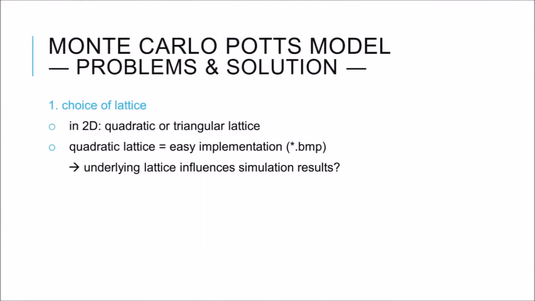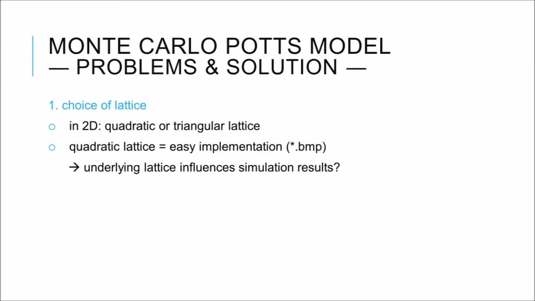Now, of course, as most models come with some drawbacks, we have some problems also with respect to the Monte Carlo Potts model. And I want to present you 2 and also show you what the solution can be. The first thing is the choice of the lattice. What quite a lot of people do is in 2D, they take a quadratic lattice.